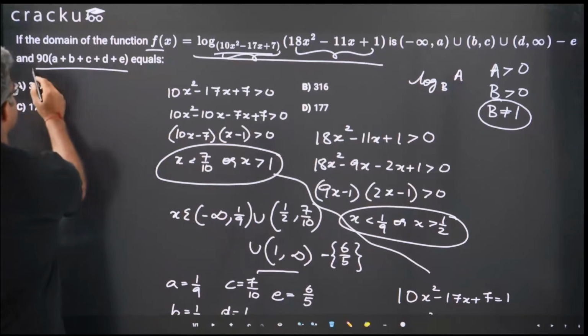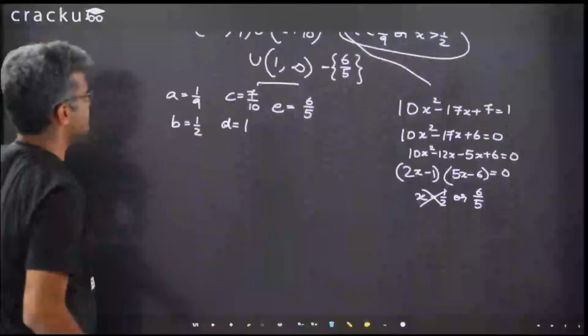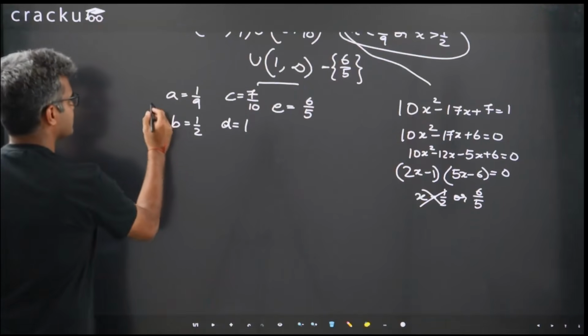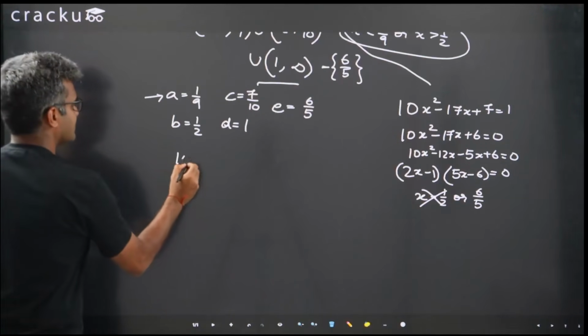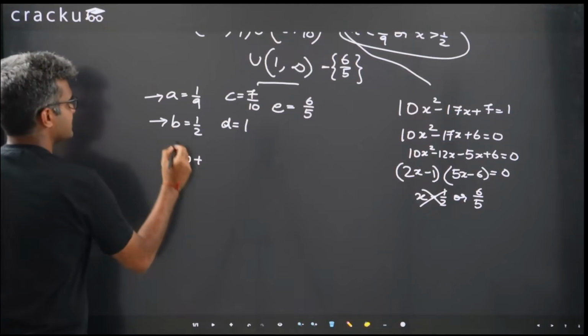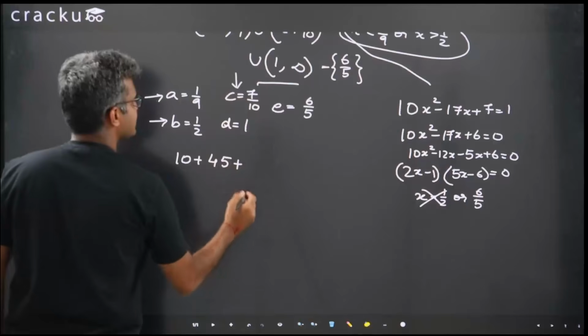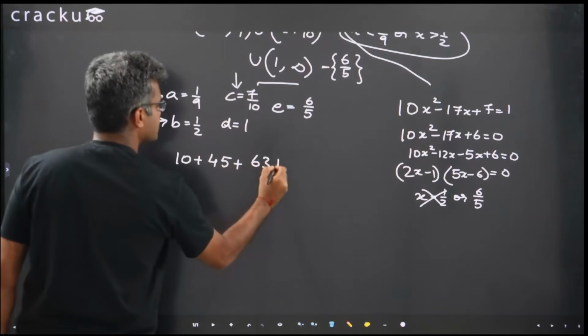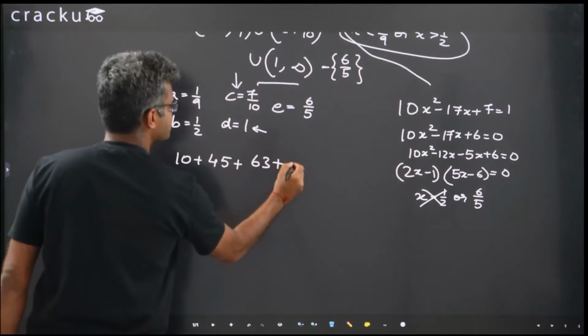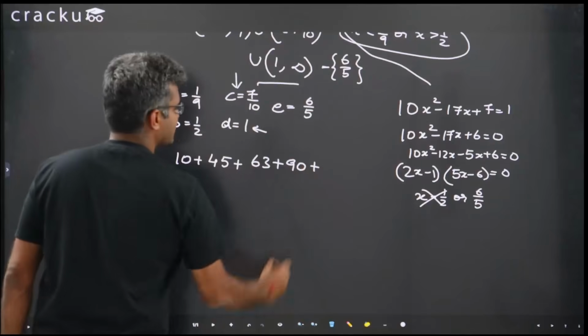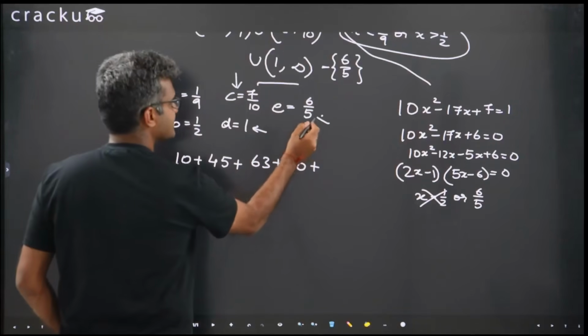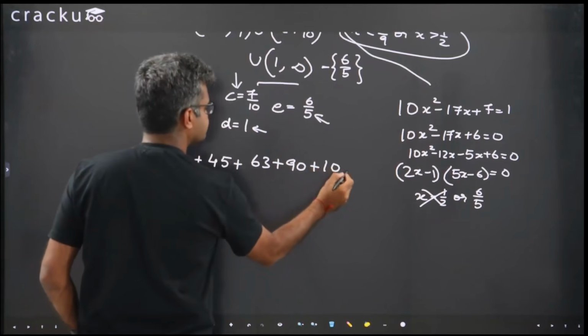This is the value of a, b, c, d and e. What is 90 times (a plus b plus c plus d plus e)? That is 90 times a will be 10 plus 90 times b is equal to 45 plus 90 times c is equal to 63 plus 90 times d will be just equal to 90 plus 90 times e. What is 90 times e? This will be 108.